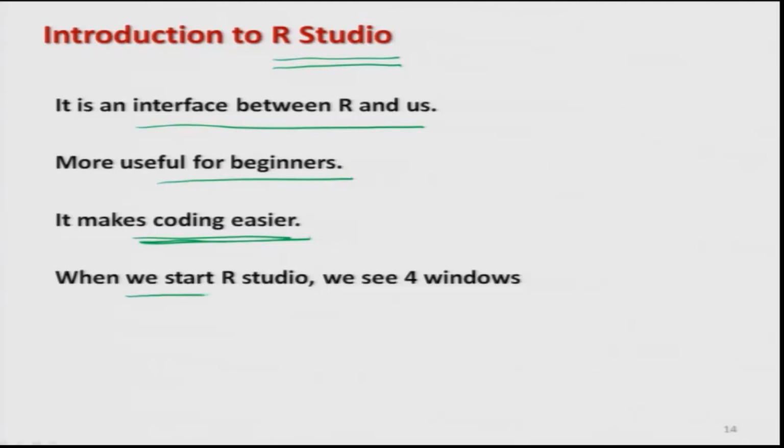Right. So as we have seen earlier, whenever we start RStudio, we have 4 windows. Now our objective is that we want to learn what these 4 windows indicate, and what type of information is contained and provided by these 4 windows.